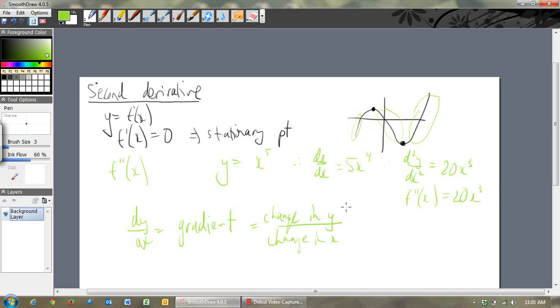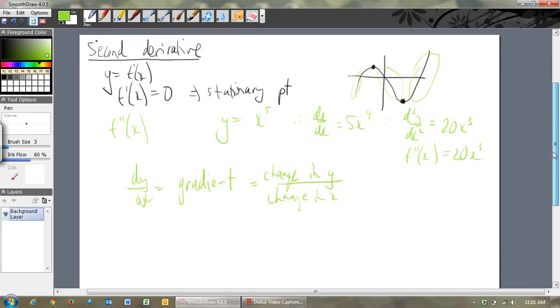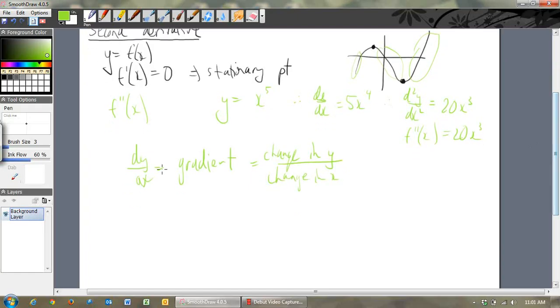What we're looking at now is the derivative of dy by dx, which means the change of gradient with respect to x. In other words, how is the gradient changing?